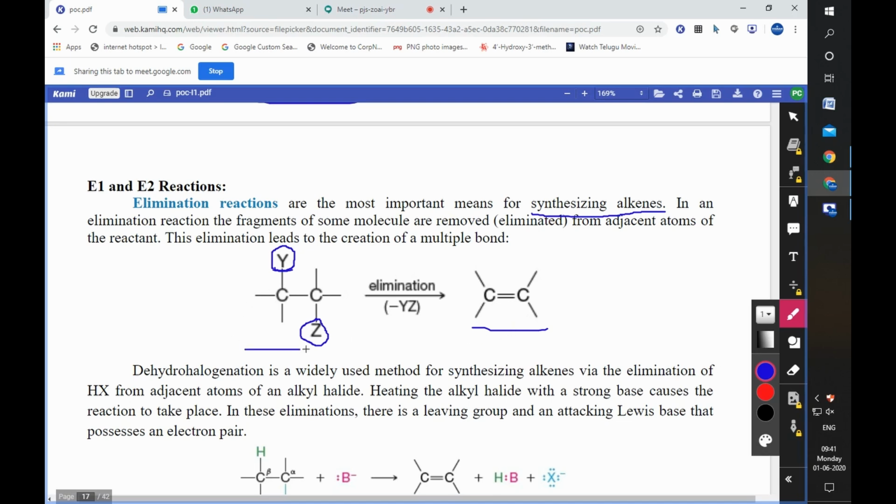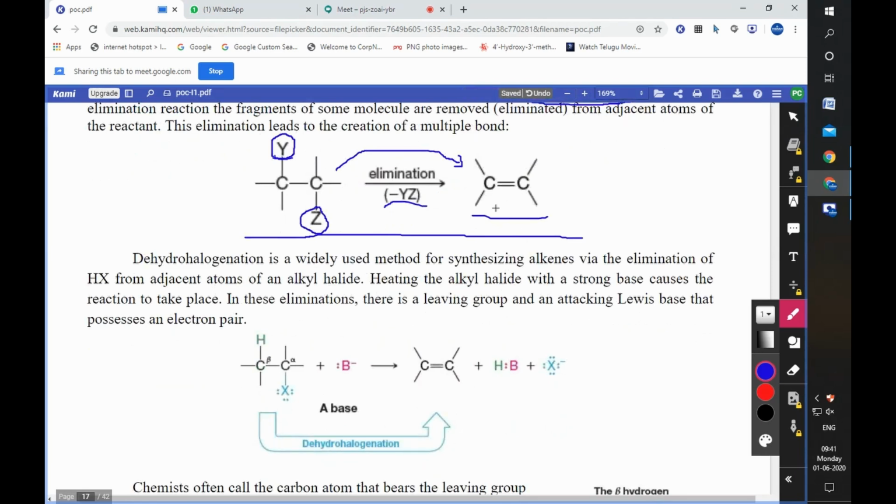So this is the general format of elimination reaction. When you look at this example, fragment Y and fragment Z, these two are lost from the starting compound, that is the substrate. So this is lost as YZ, and after the reaction we observe formation of a multiple bond compound, that is a compound with a carbon-carbon double bond, or a compound with pi bonds.